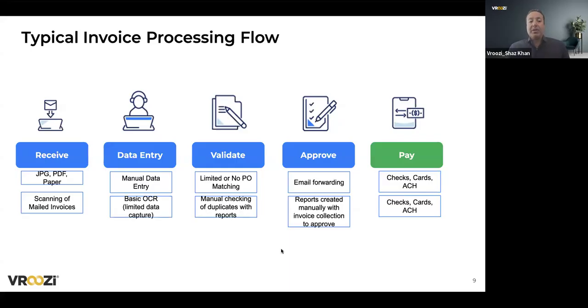Then you have the data entry. Now, again, in the advent of today's market and today's AP department, we are still seeing a tremendous amount of manual data entry from an invoice document into a billing or invoice management system. Couple that with basic OCR, which we classify as limited data capture.